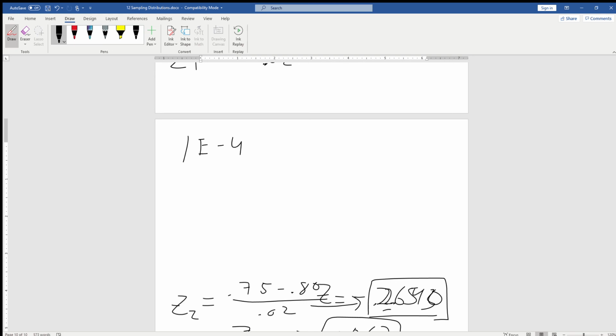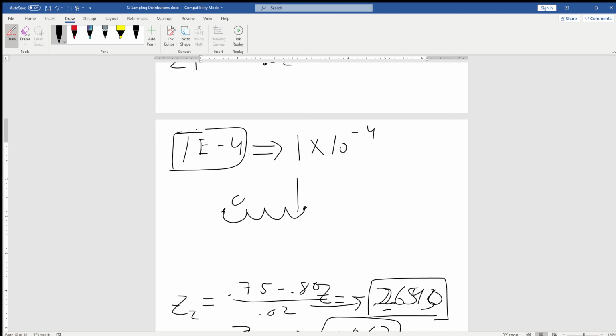That's what I got when I typed it into my calculator. That's scientific notation. That's the same thing as 1 times 10 to the minus 4th power. And what you would do is take the 1, which has a decimal point here, and since you have a negative 4, you're going to move the decimal point 1, 2, 3, 4 places to the left. And you're just going to fill in those places with zeros.